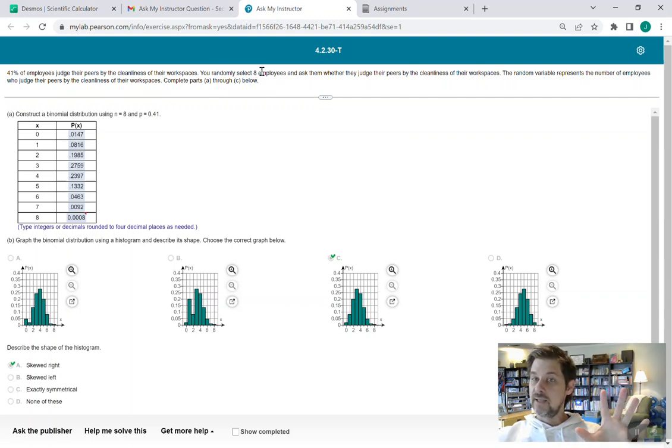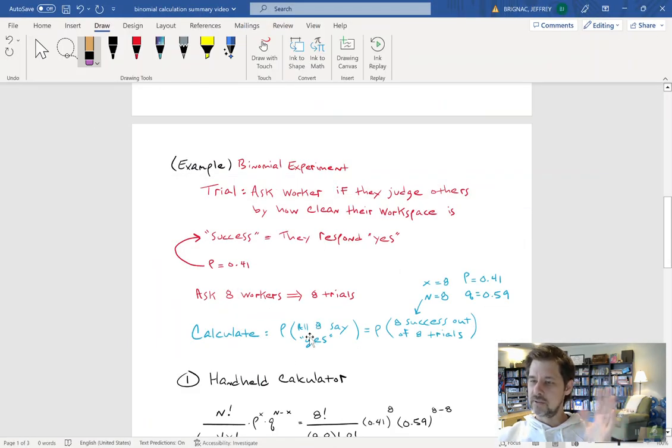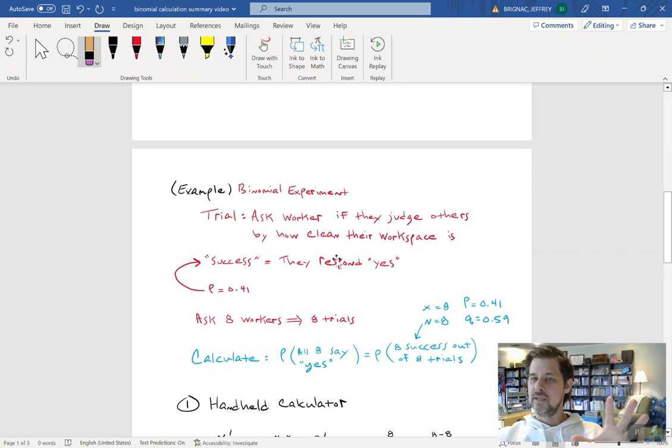You randomly select 8 employees and go through them one by one and ask them whether they judge their peers by the cleanliness of their workspace. Okay, so that's a binomial experiment because you have 8 people and you're going to go through one by one and say, do you judge your peers by the cleanliness of their workspace? And they say yes or no, let's say. Or they say yes, or they say something besides yes, like leave me alone, I don't care, whatever the case might be, all right?